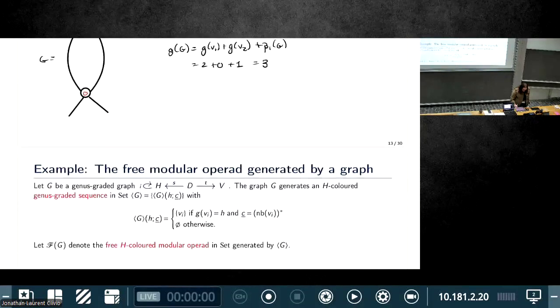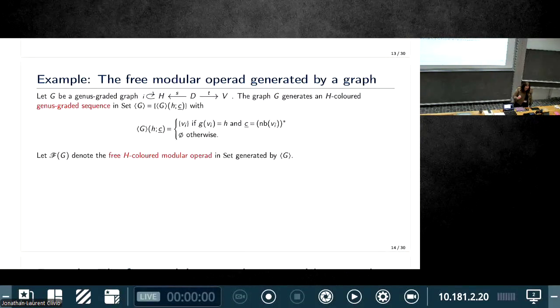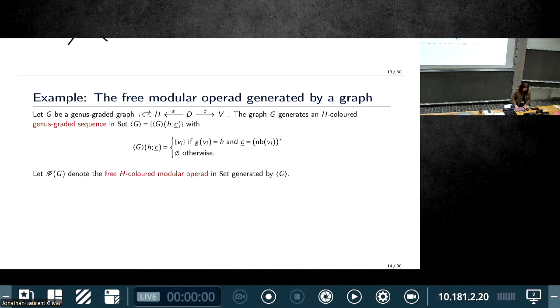All right, so now, given that information, I can actually define a modular operad. If I take some graph, I can generate a colored genus graded sequence, which I call little bracket G. So what am I going to take? Maybe I'll draw a picture. I'm going to say that the entries of this sequence, in sets, is just a set-based thing.